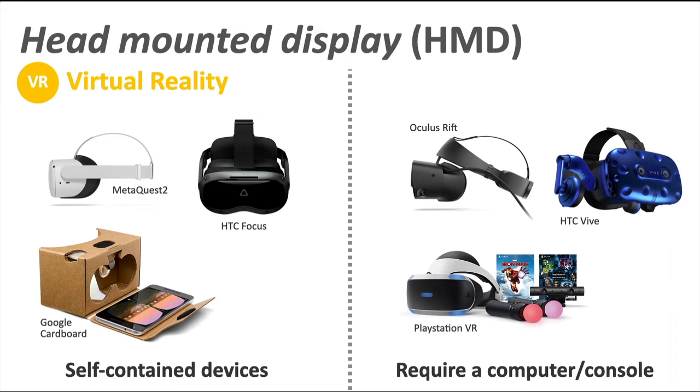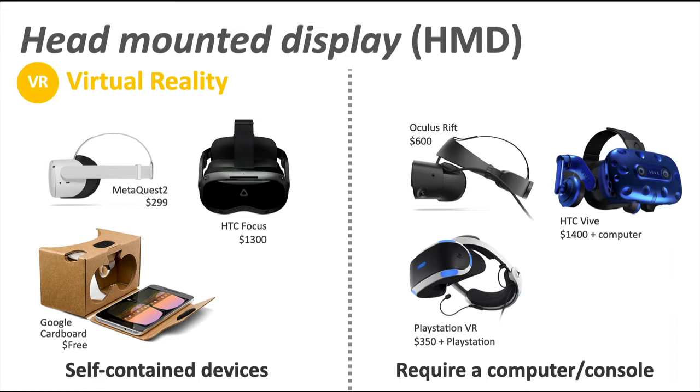That includes the Meta Quest 2, the HTC Focus, or the kind of original Google Cardboard, which gives you that stereoscopic view, one image per eyeball to give you the sense of depth in 3D. Some of the more advanced head-mounted displays, like Oculus Rift, the HTC Vive, or even the PlayStation VR, require a connected computer or console to work. So you have to keep that in mind when thinking about these head-mounted displays.